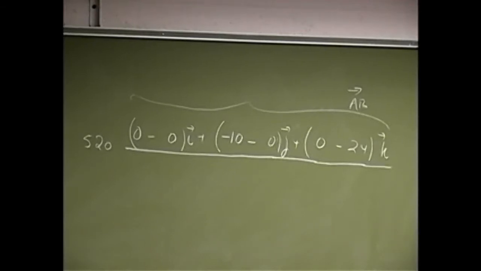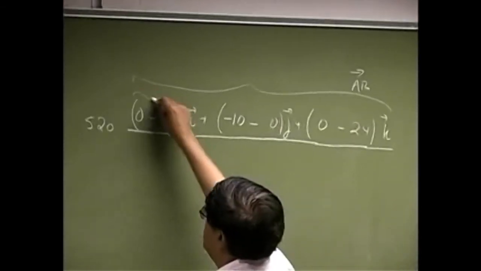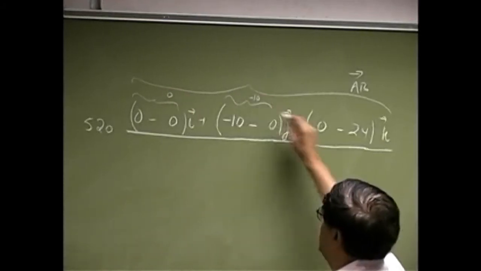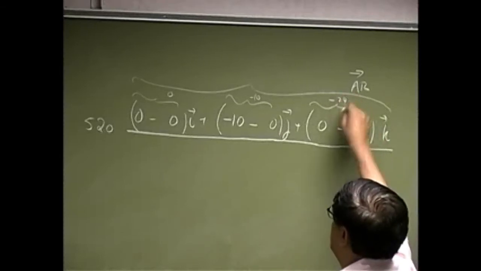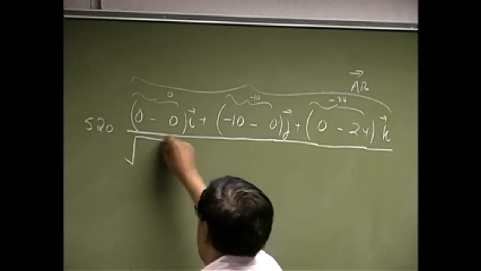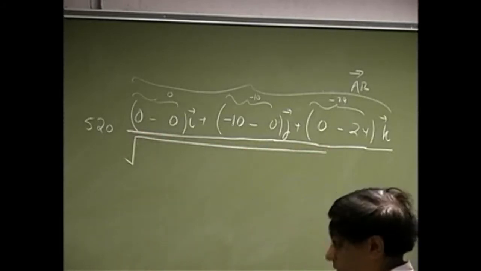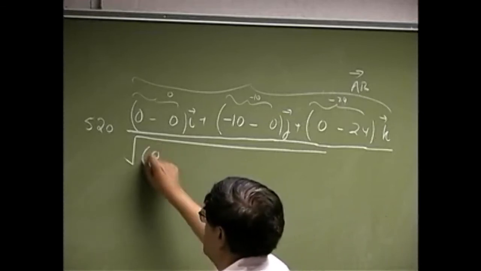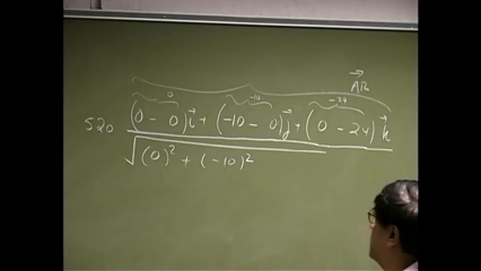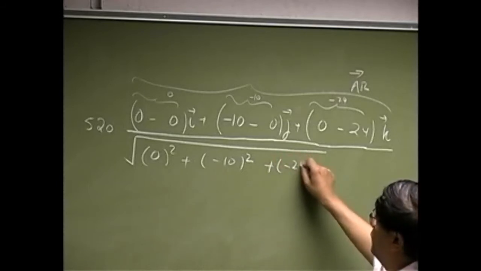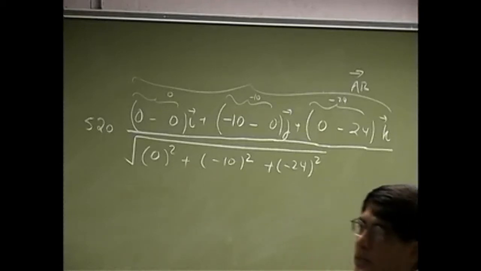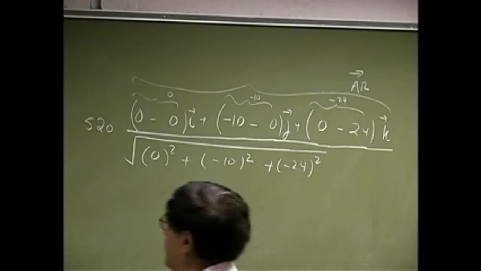Then its components: the x component is 0, the y component is -10, and the z component is -24. Therefore, its length would simply be, you take the x, which is 0 squared, you take -10 squared, plus -24 squared. So that represents the length of vector AB.